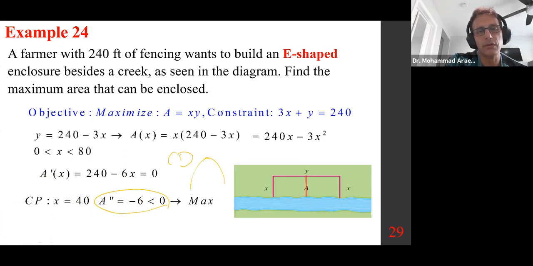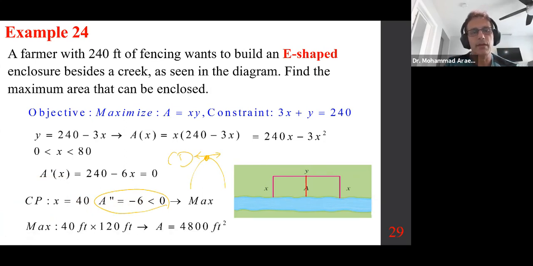Concave down, looking like that. Maximum occurs there. If X is 40, use this to find the Y and the area.